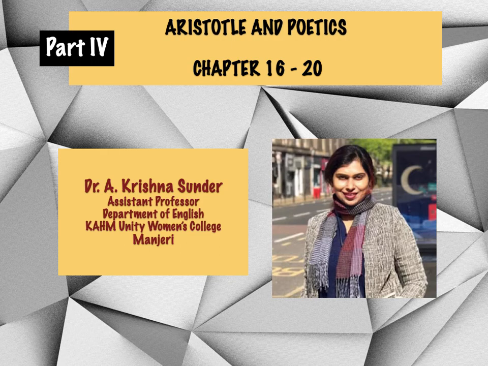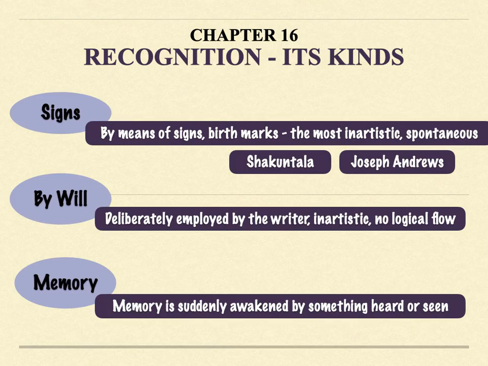He starts describing plot and character and then deviates into many other details and topics. Later, he comes to areas like peripeteia and anagnorisis. So, omitting a few of the formative parts in tragedy, now he goes on to chapter 16, which speaks about the different kinds of recognition.